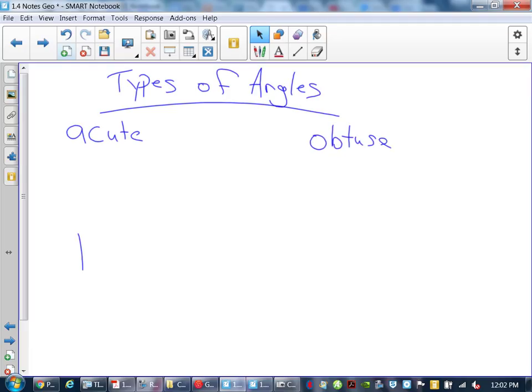You have right. Are you guys okay with me just using the abbreviation RT angle? No. Well, you'll have to get over it because that's what I'm going to use. Not changing. Right angle. And what's the last one? It is straight. Very good. Straight angle.